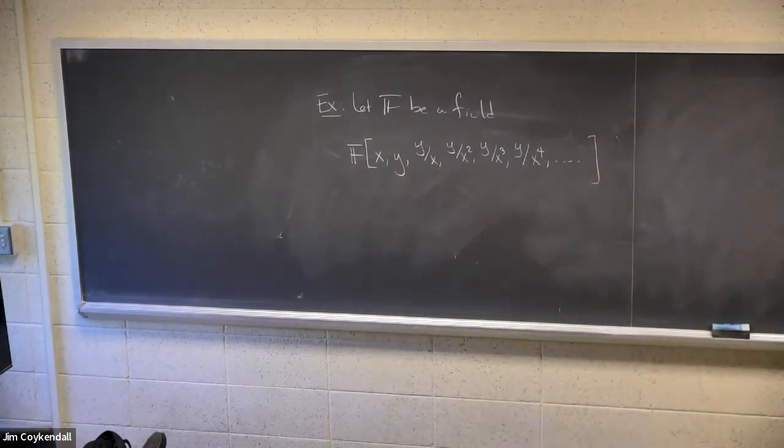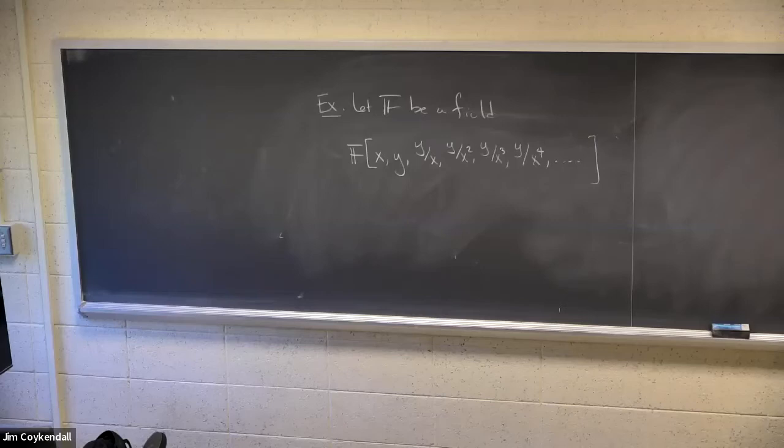So this is the smallest ring that contains x and y. It's got all polynomials in x and y, but it's also got these extra rational functions. Notice that it doesn't have 1 over x, but notice that the way I've set this up, every power of x divides y. I'm sort of setting up here for a valuation domain, right?